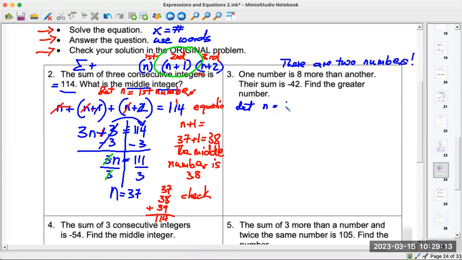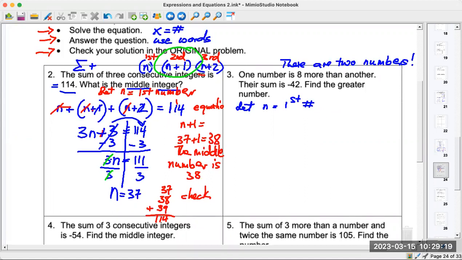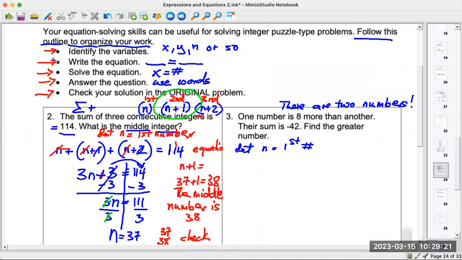I'm going to say let n be the first number. And so that's called identifying the variable. You can call it X, Y, Z, N, A, B, whatever letter you want. N stands for number, so to me, that makes the most sense. So you're identifying the variable. Let n be the first number.